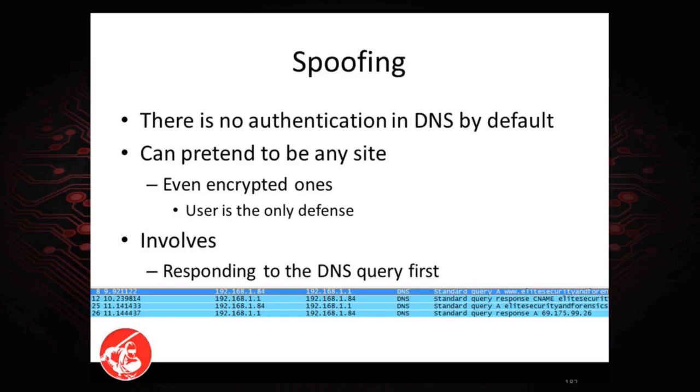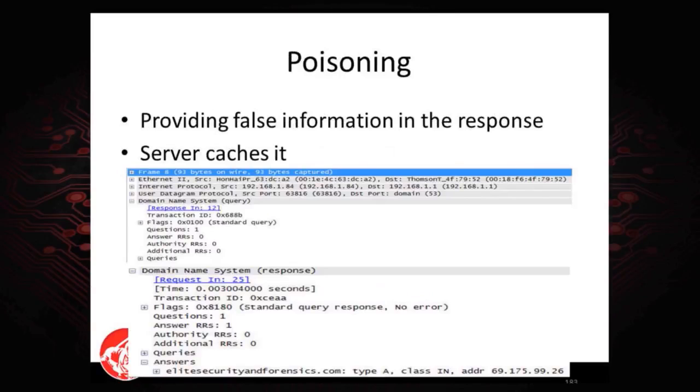So what we do here is we respond to the DNS query first. So in the example there, you see there's a query for elitesecurityandforensics.com, and there was a response. Well, as long as I beat the response for the actual query, I win, because DNS doesn't have any authentication by default. Now Server 2008 and beyond in the Windows world does have some authentication components, as does DNSSEC.